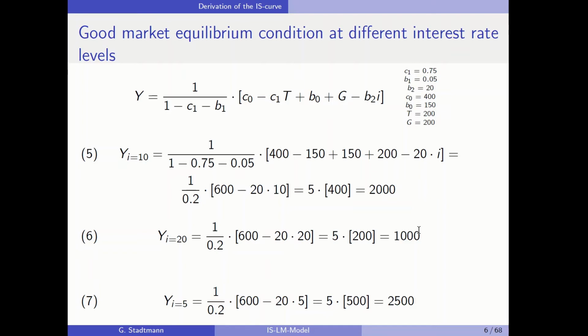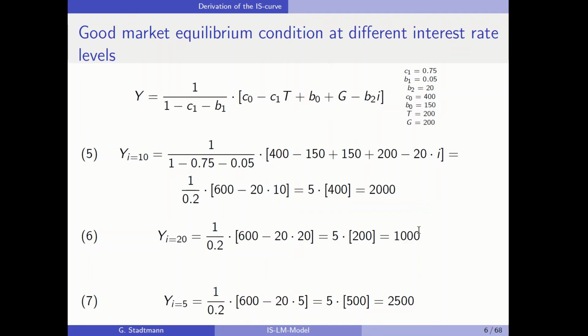It is equal to 0.05. B2 is assumed to be 20. Also a new parameter here. C0, the autonomous component of consumption, is 400. B0, the autonomous component of investment, is equal to 150. And taxes as well as government spending are equal to 200 units.